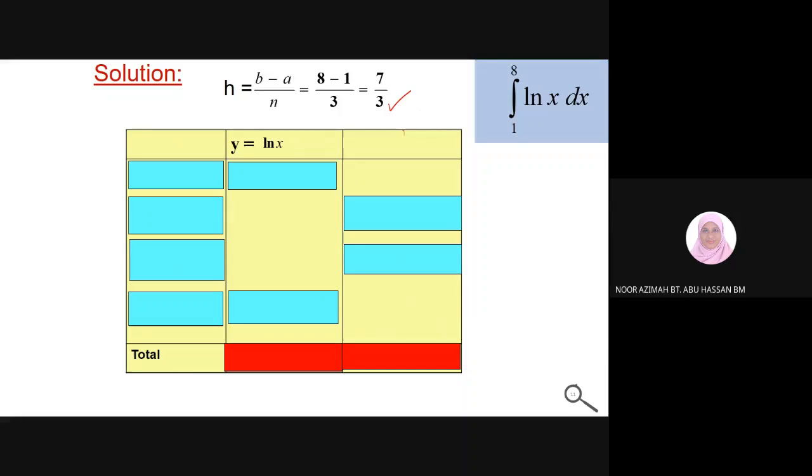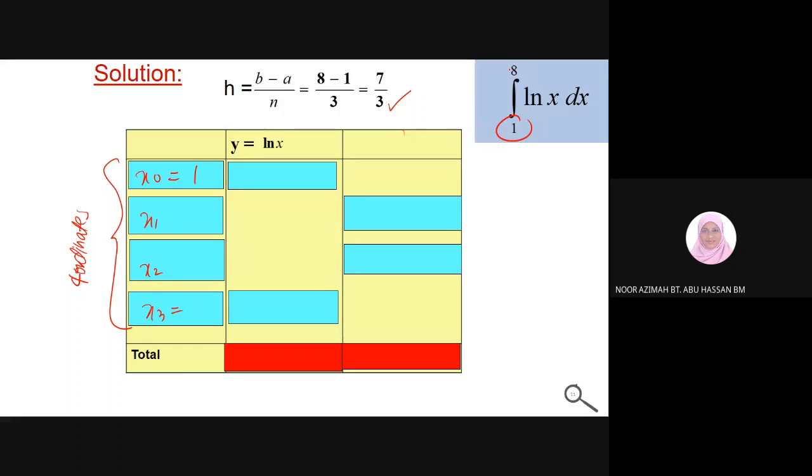Okay. Lepas tu tadi berapa ordinate? 4 ordinate. So starting with X0, X1, X2, X3. X0 kita adalah A, 1.